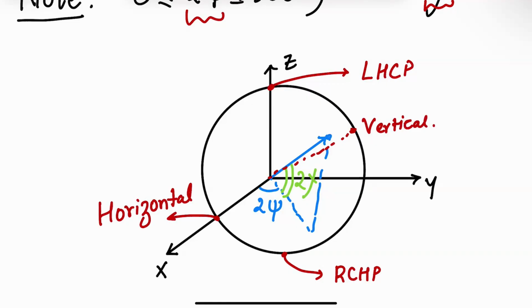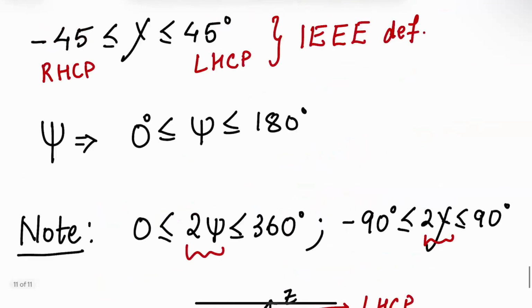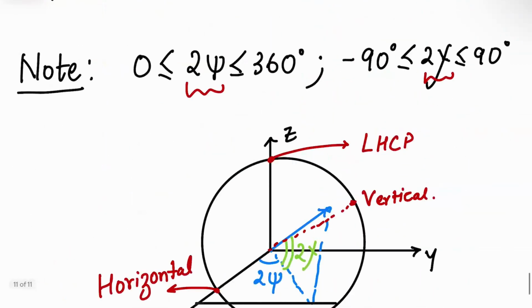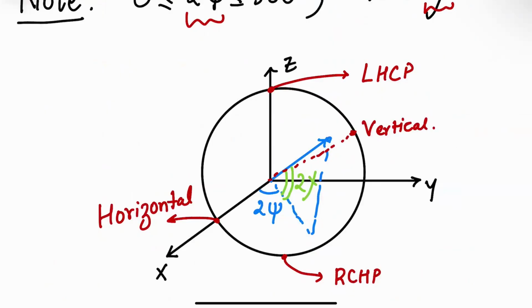right? Because then my psi is 45 degrees. No, psi is 90 degrees. When psi is 90 degrees, polarization is vertical, which means 2 psi is 180 degrees, which means you're pointing in the negative x direction. Okay.